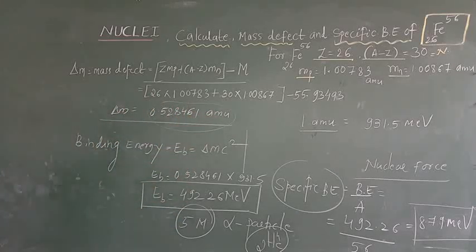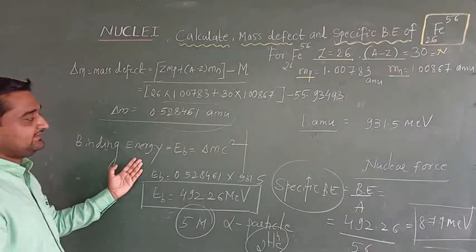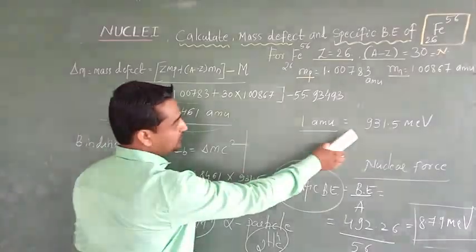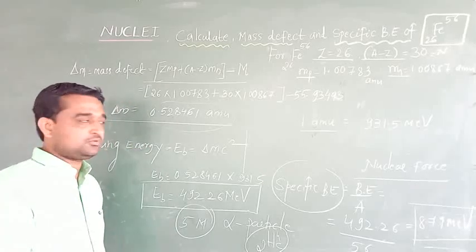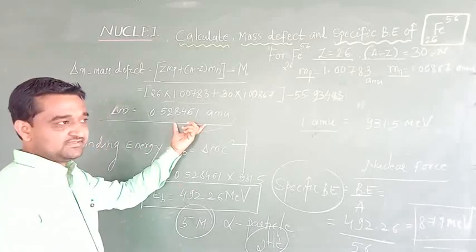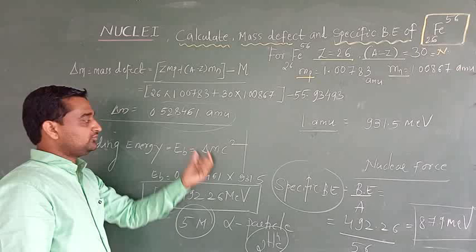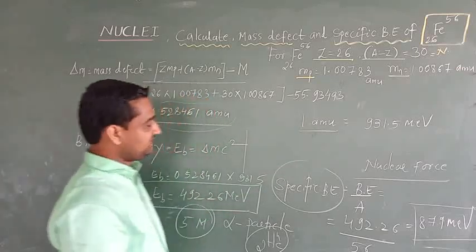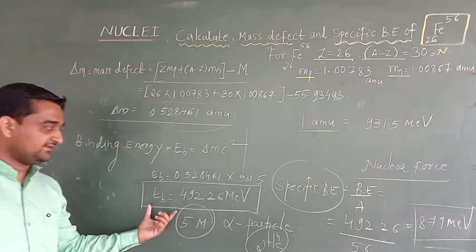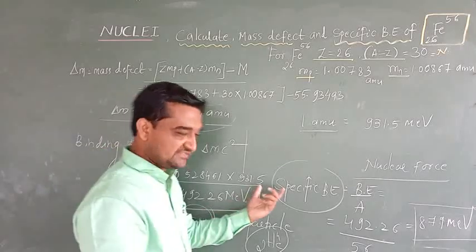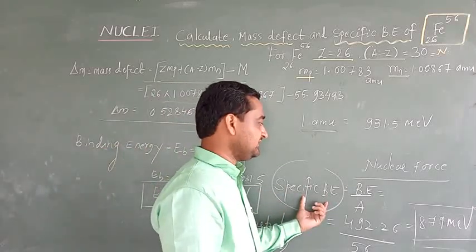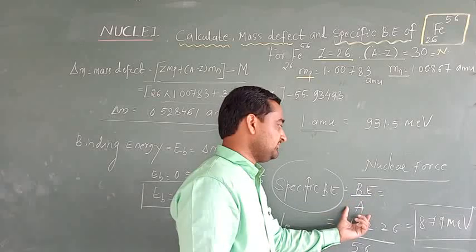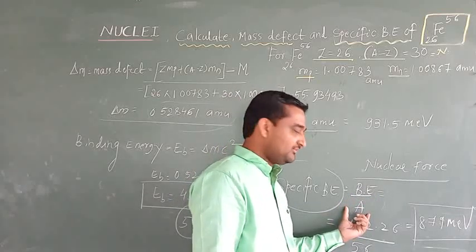Next we calculate the binding energy using the relation 1 AMU is equal to 931.5 mega electron volt. Whatever mass defect you get, multiply it by 931.5 mega electron volt, then you will get the binding energy. After that, specific binding energy is the total binding energy divided by its atomic mass number.